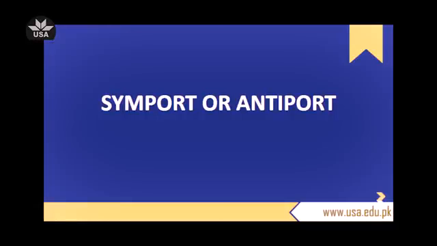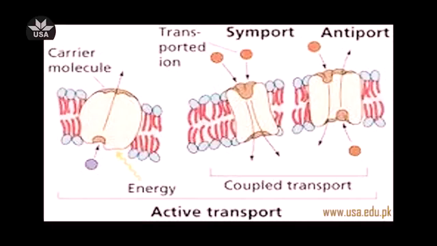Symport and antiport: basically these two words are closely related, but in the symport system the substances move in the same direction, and in the second system, called antiport, the substances move parallel but in the opposite direction. Symport and antiport are carrier proteins that transfer two substances at a time.